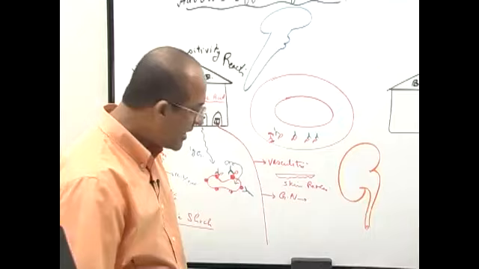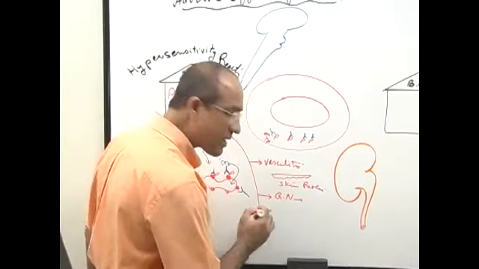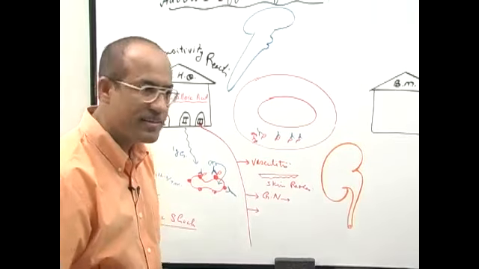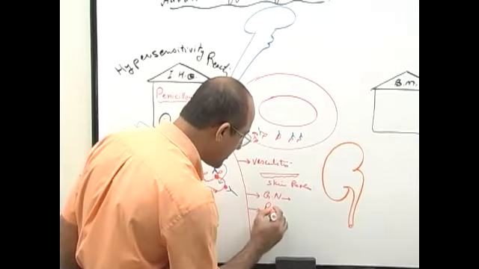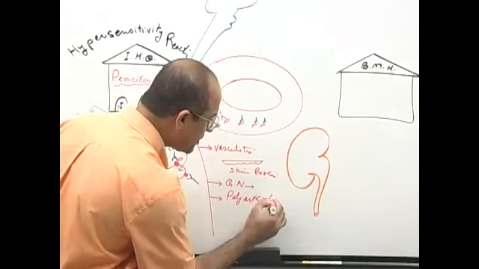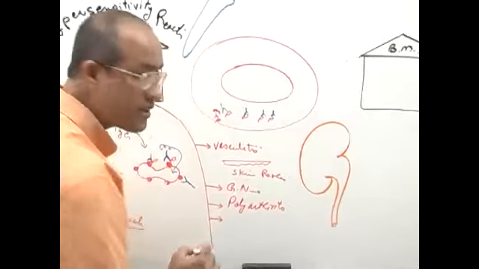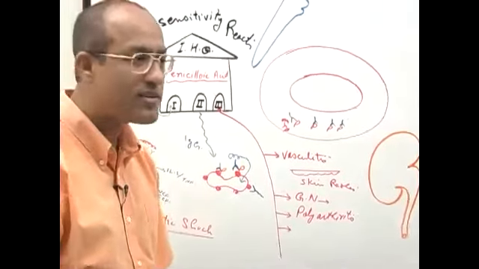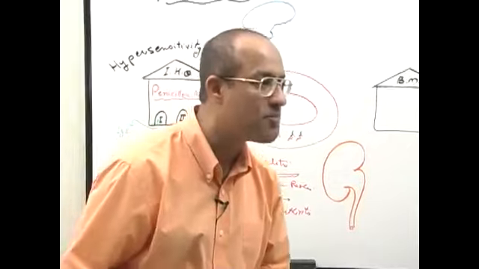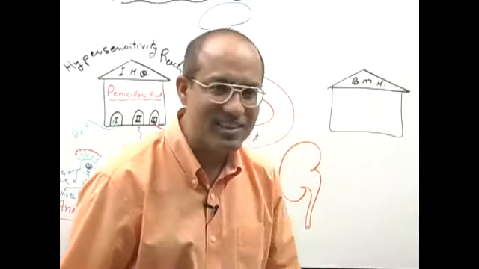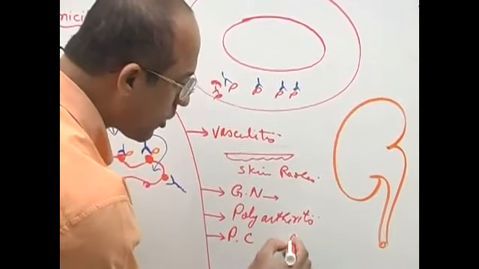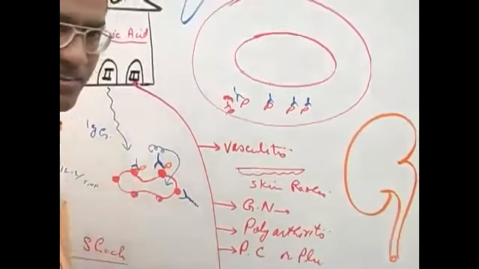Is that right? Then if these immune complexes get deposited in synovial membranes, that may produce polyarthritis. If these immune complexes get deposited in pericardial membrane or pleural membrane, that may produce pericarditis or pleuritic inflammation, pleuritis, right?